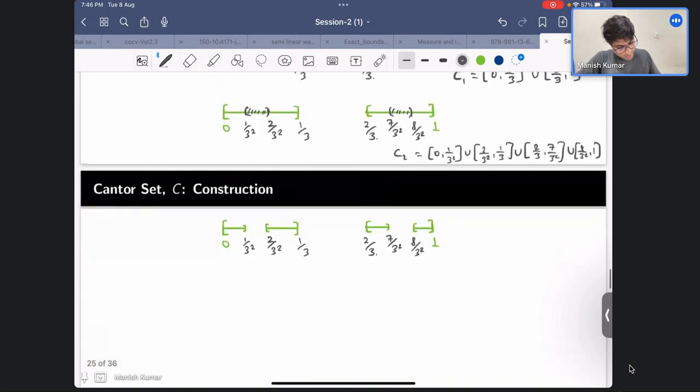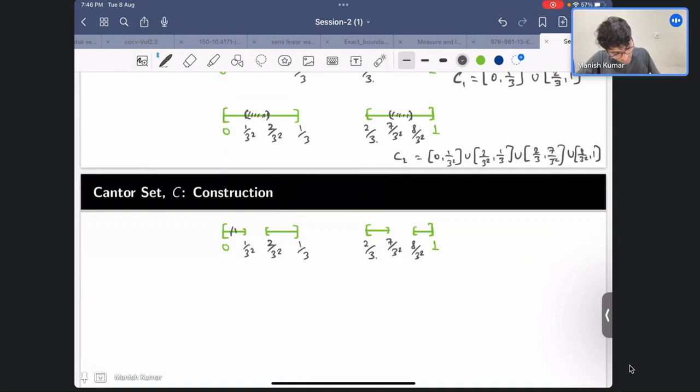In a similar way, you can partition these again into 3 equal parts and remove the middle parts, and then you will get C_3. This will be a union of 8 intervals, right?